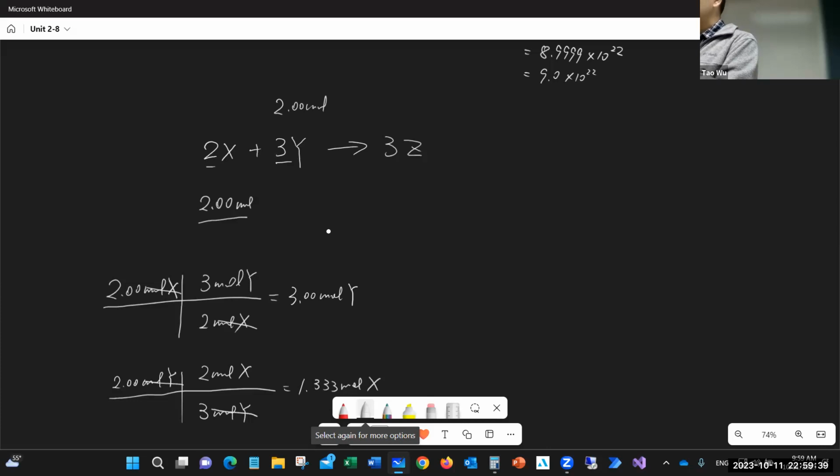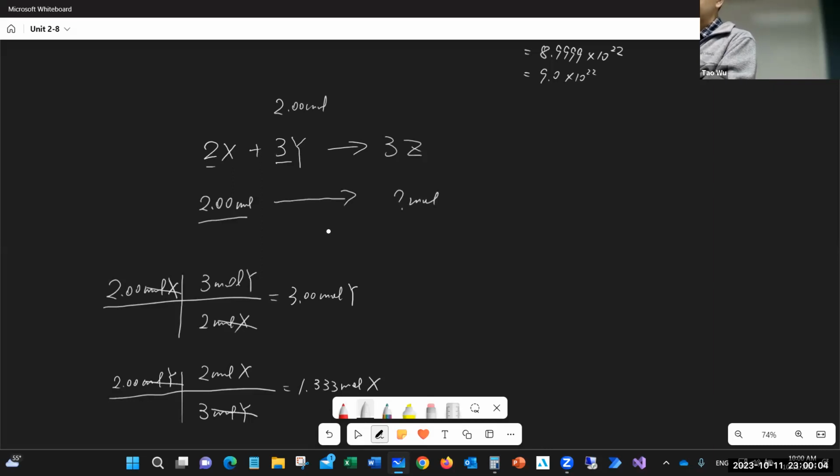My way is to try to figure out the product, okay? We're still going to do the 2 assumptions, but these assumptions are about the same product. So my way is, if I consume all of the X, how many moles of Z are we going to produce?